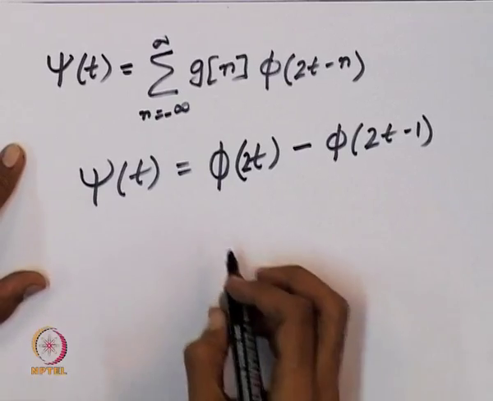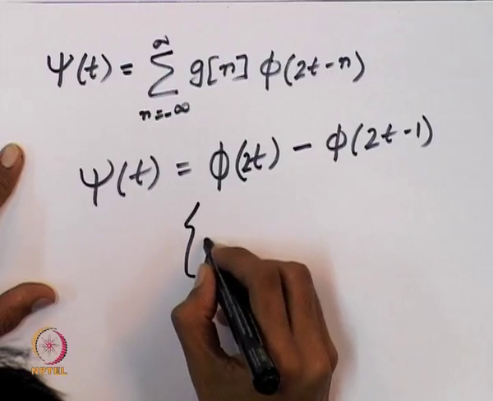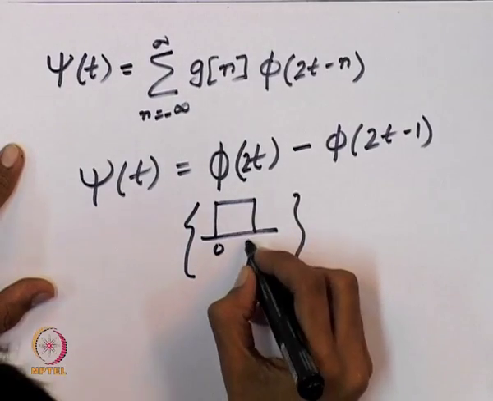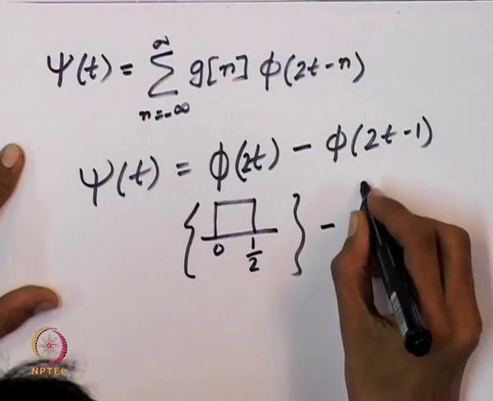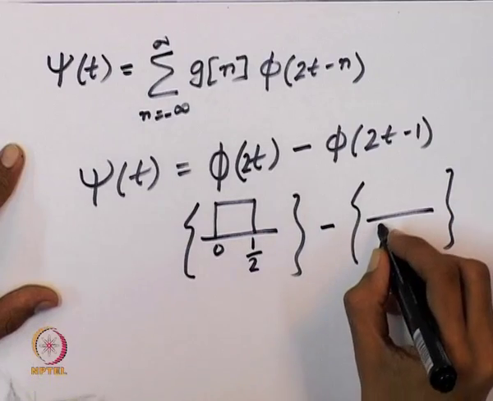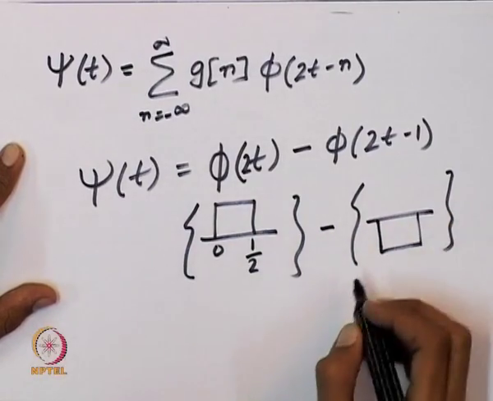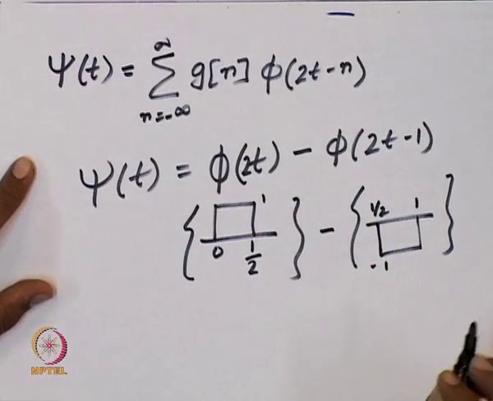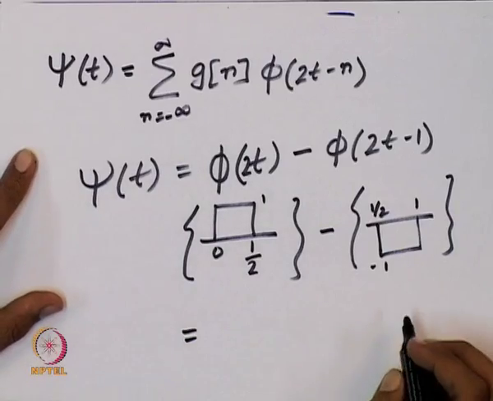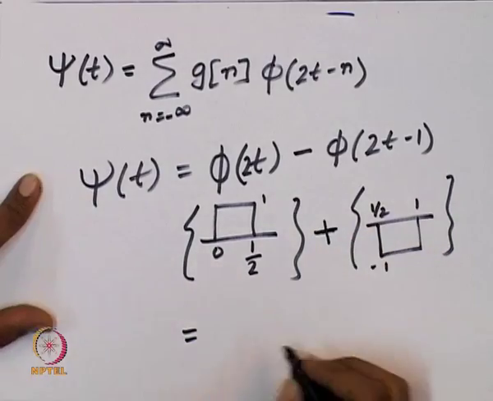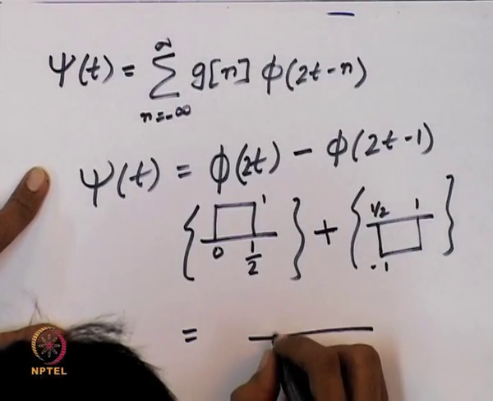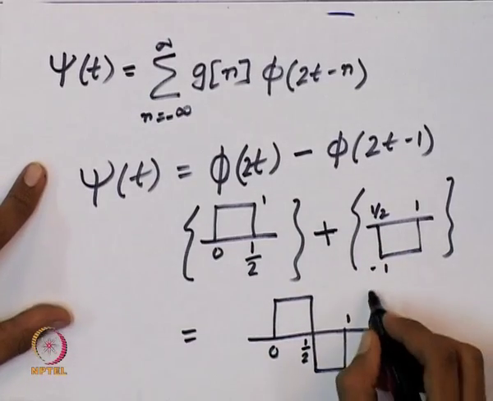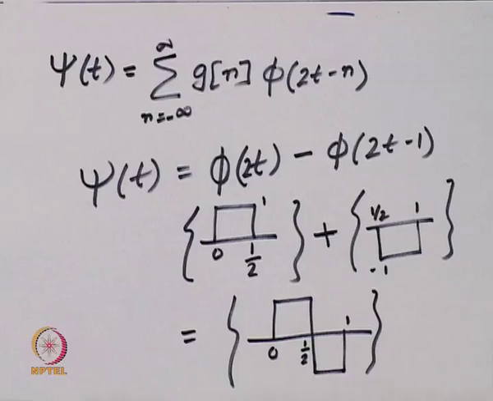Let us try to draw these two signals. These will give us a function which will look like this. And this is our wavelet function which we called psi of t.